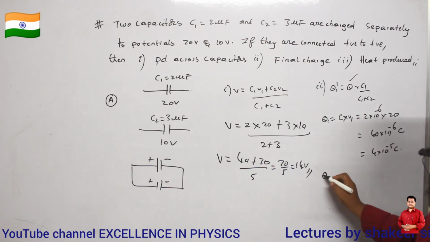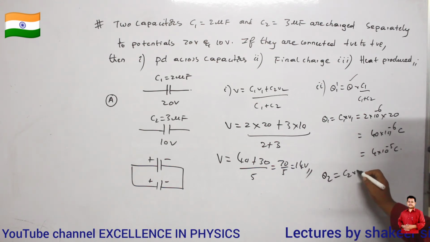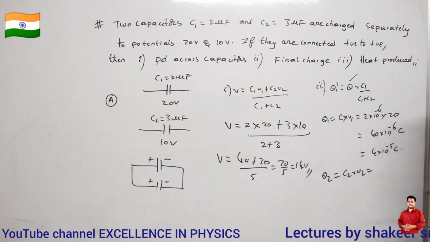Similarly Q2 is C2 into V2. C2 value is 3 into 10 power minus 6 multiplied by the potential of the second one, 10, so 3 into 10 power minus 5 coulombs of charge.